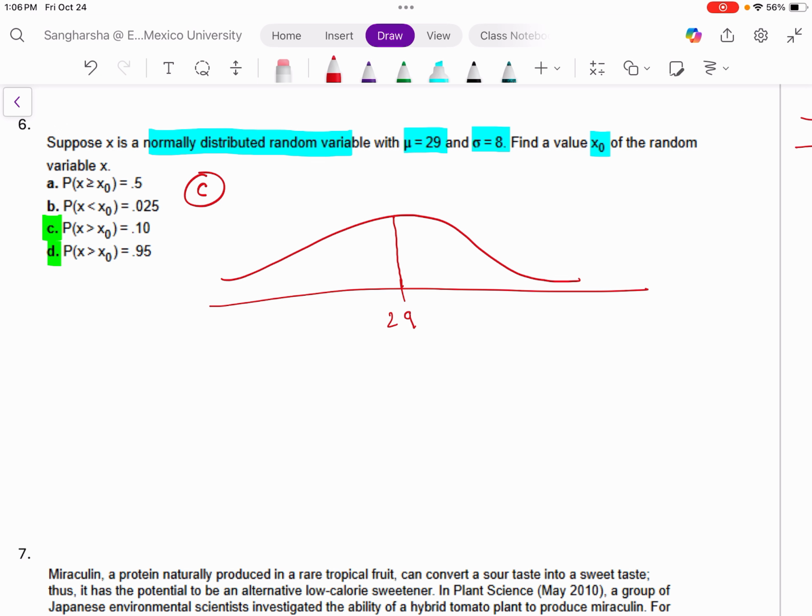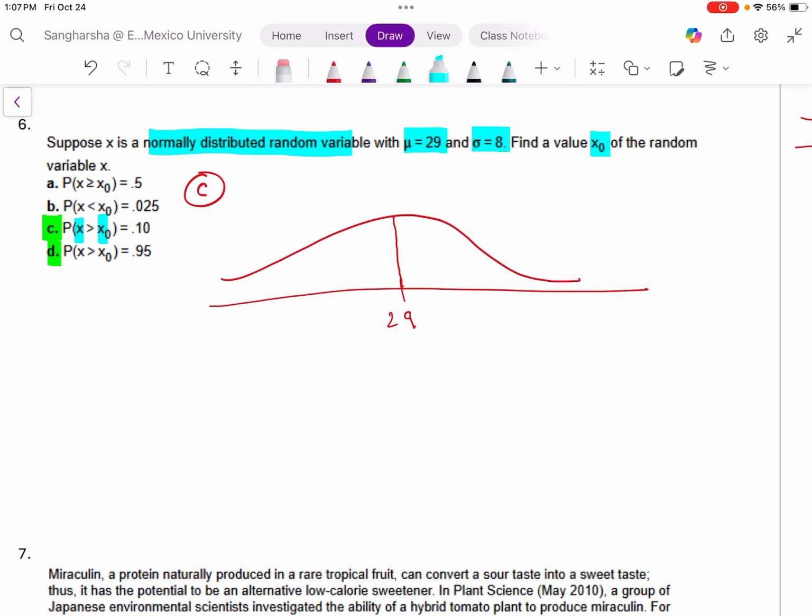We want to find x naught such that the probability that x is greater than x naught is 0.10. Here you should be able to locate your x naught correctly.